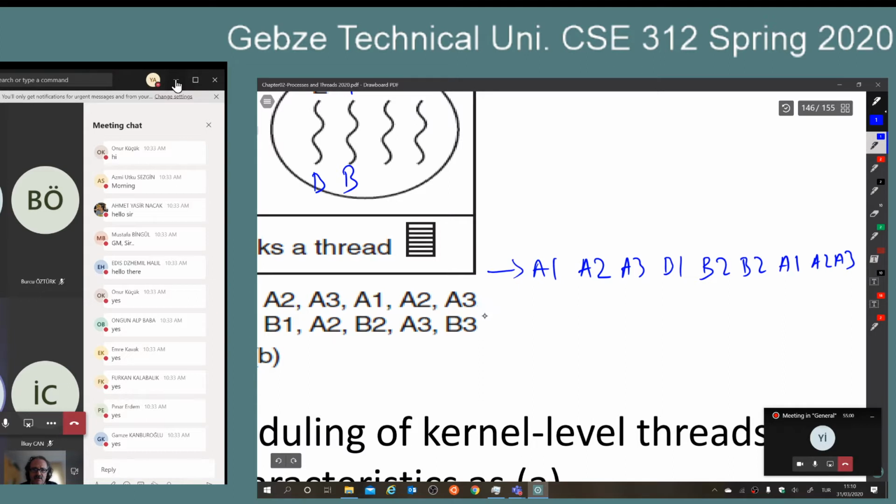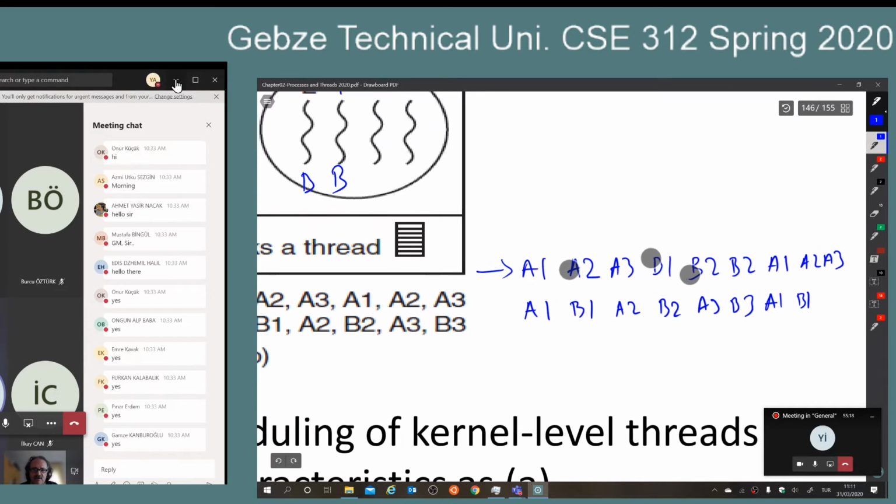Is this one better, or how about this one? A1, B1, A2, B2, A3, B3. Which one is better? Of course, the upper one is possible with the user level threads, also kernel level threads too. The lower one is only possible with the kernel level threads.